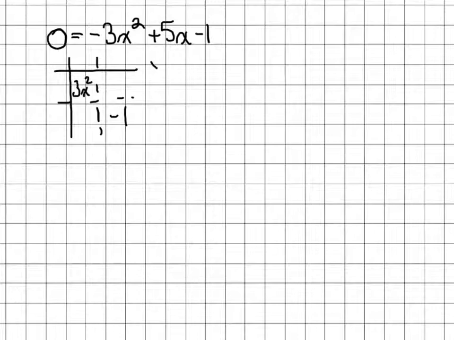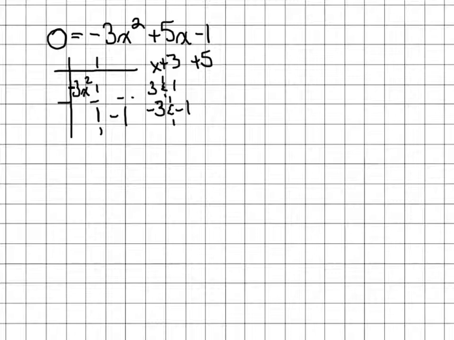So they have to multiply to plus 3, and they have to add to 5. That's impossible, because the only factors of 3 are 3 and 1, and negative 3 and negative 1. If I have 3 and 1, those add to 4, so that's not going to work, and negative 3 and negative 1 add to negative 4, so neither of those work. So it's not factorable.